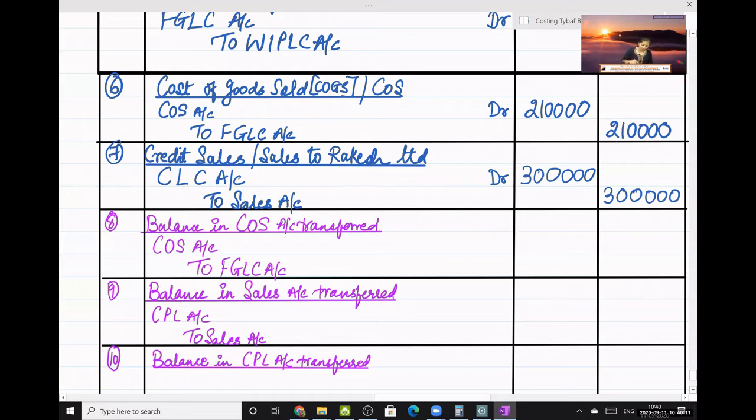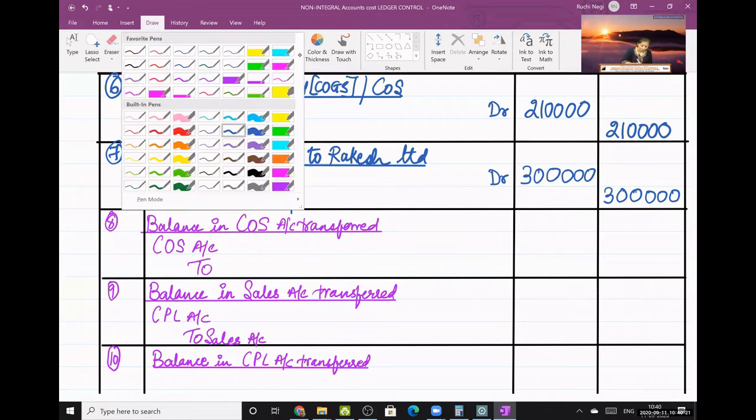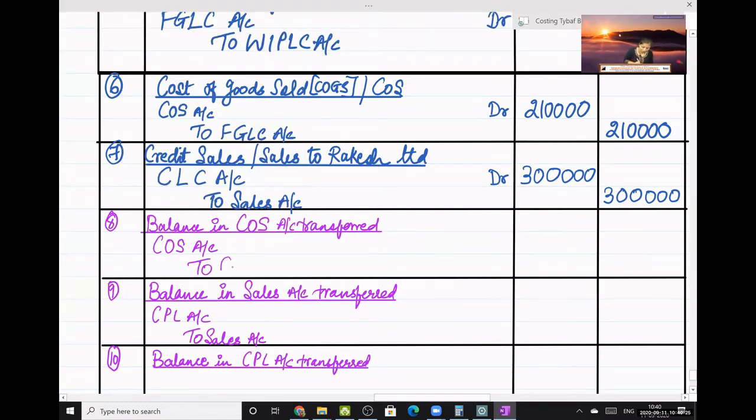नहीं ट्रांसफर किया ना, बैलेंस इन COS अकाउंट, तो ये CPL पे जाएगा. We students, this will go to CPL.